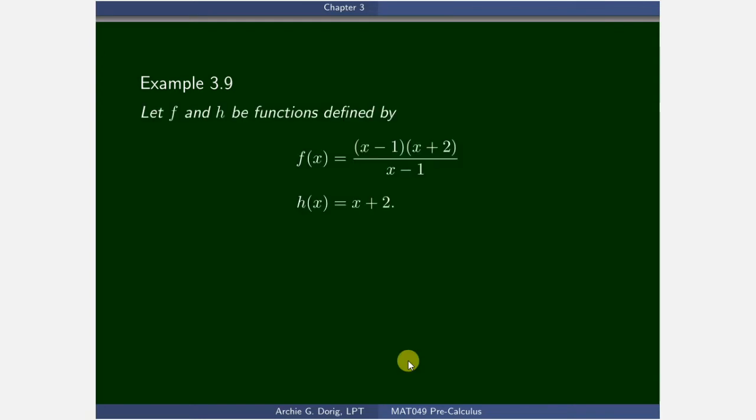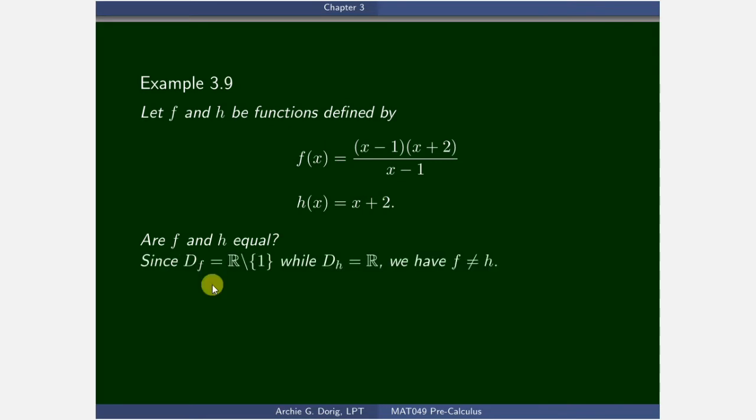Example: let f and h be functions defined by this. We will determine if the functions f and h are equal. Usually we do this by cancellation. So we cancel here x minus 1, and then we can have f and h equal. But the domain of f is all real numbers except positive 1, while the domain of h is all real numbers. So we don't have f and h equal.